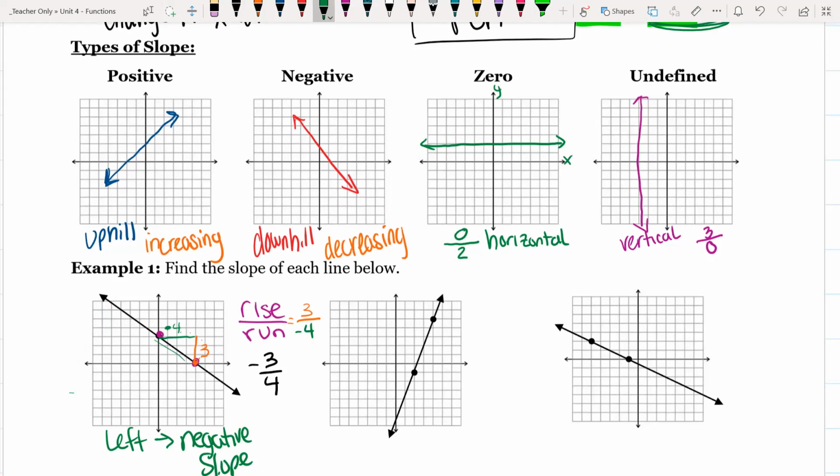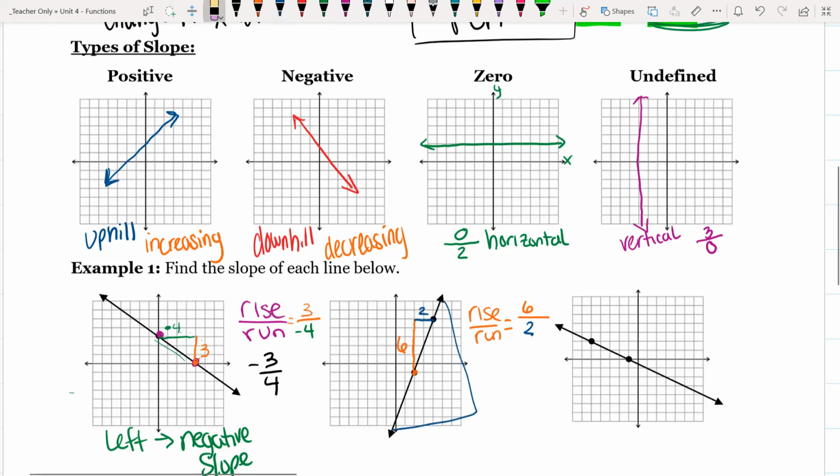Okay, let's do the next one. So we have this point, and we always do rise over run. So how far did we rise? We went up 1, 2, 3, 4, 5, 6. We went up 6. And now we're running 1, 2. We're running 2. This looks like if we were to make it a mountain, we're going uphill.